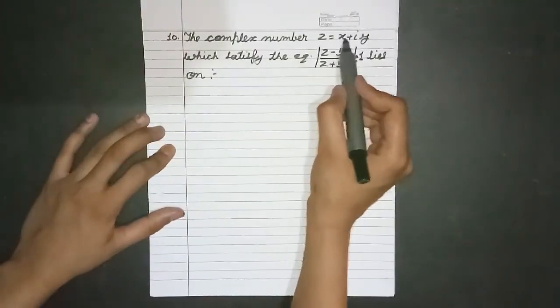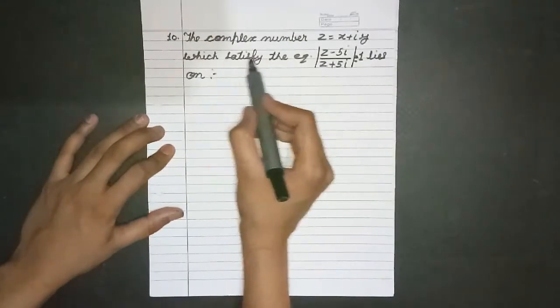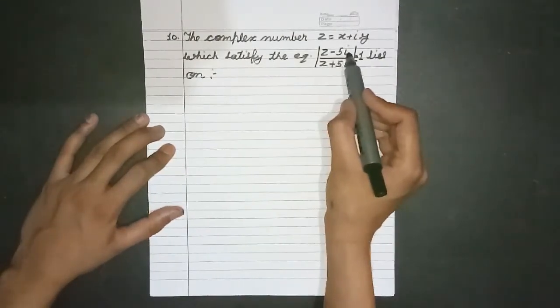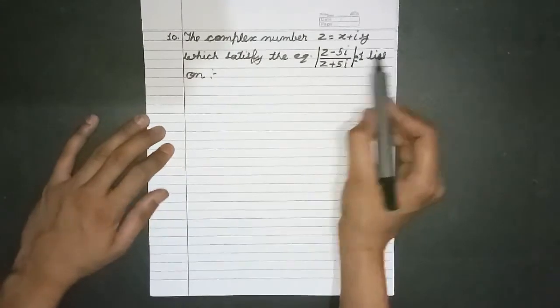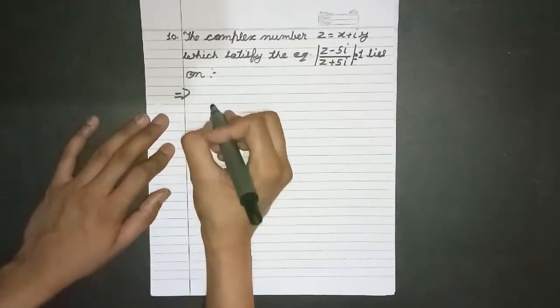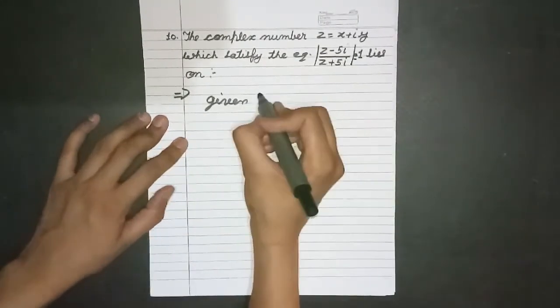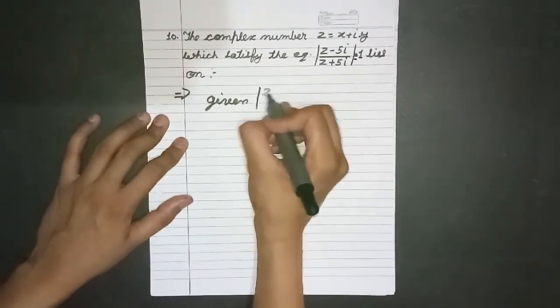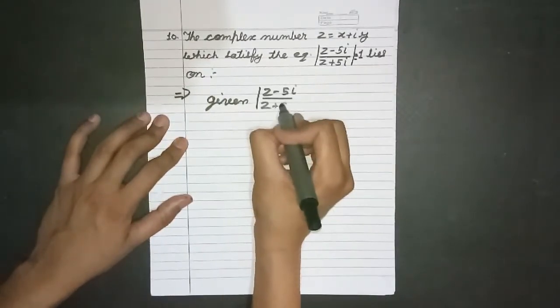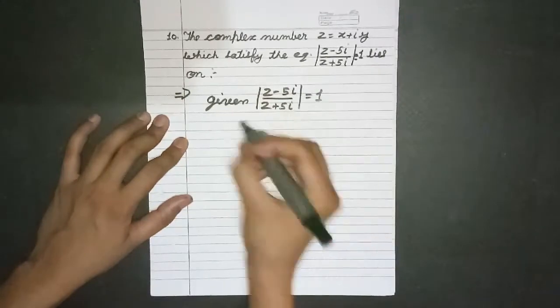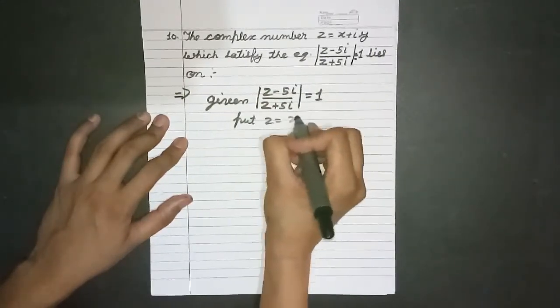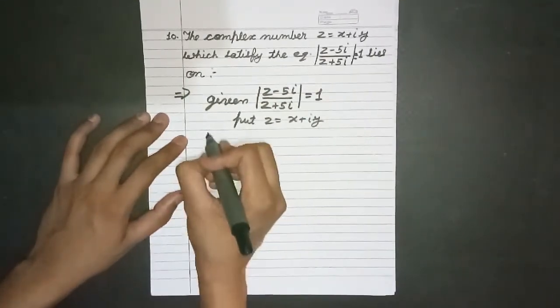Example 10: the complex number z is equal to x plus iota y, which satisfies the equation modulus of z minus 5 iota by z plus 5 iota is equal to 1, lies on... So we are given modulus of z minus 5 iota by z plus 5 iota is equal to 1. So here put z is equal to x plus iota y.